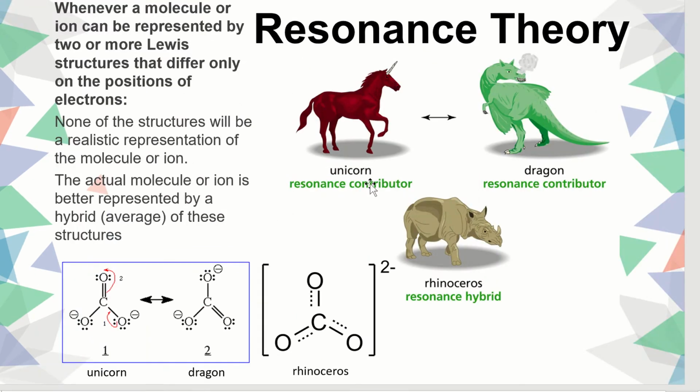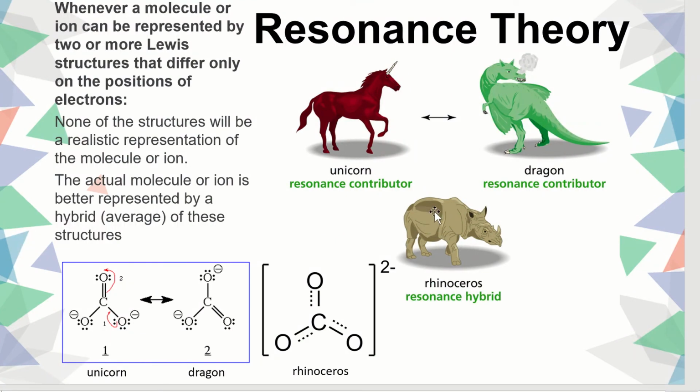All right, a very nice way of explaining resonance theory is this: if we consider a unicorn and a dragon as imaginary species that don't exist, and we combine both of them, we end up with a rhinoceros, which is an actual living animal.